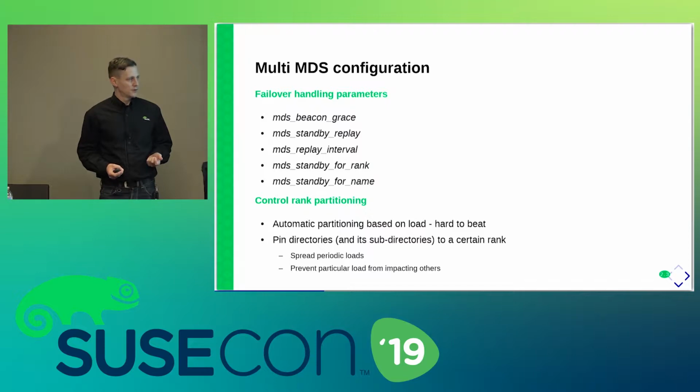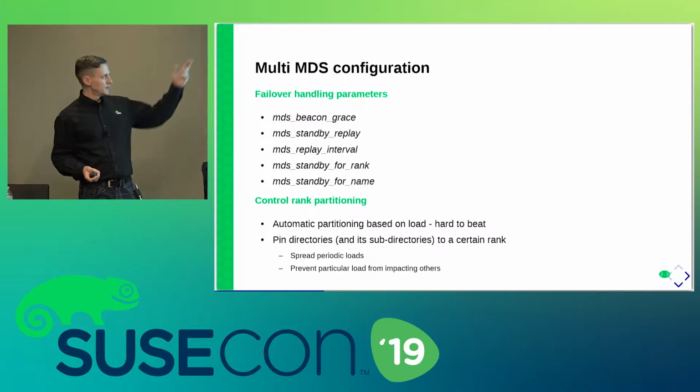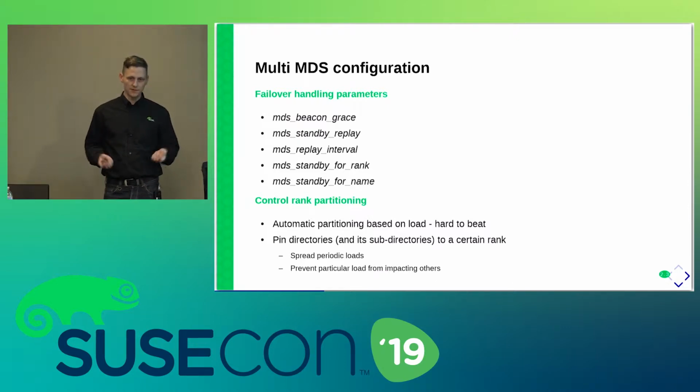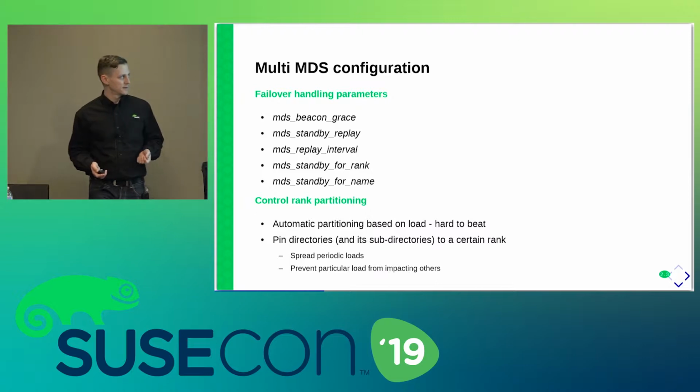If you have a CephFS file system that needs to be very highly available without long interruptions, you want to reduce the default of 30 seconds a little bit. That, of course, requires a network in your data center that rarely has gaps that long, because you don't want an MDS falsely being marked out.